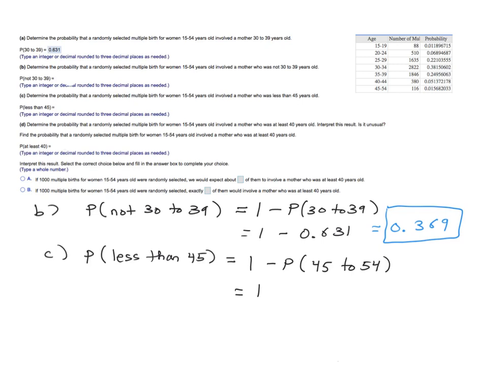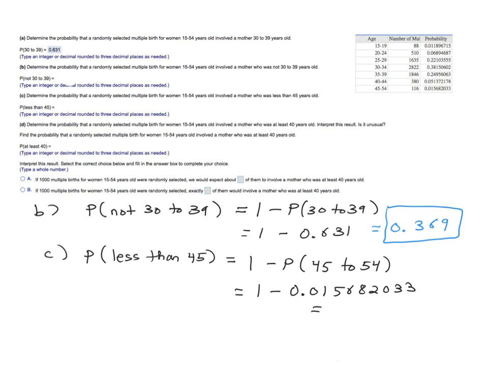So that's going to be 1 minus, I'll actually list out all the decimals this time, 0.015682033. I'll do this in my calculator and round my answer to 3 decimal places. 1 minus 0.015682033.